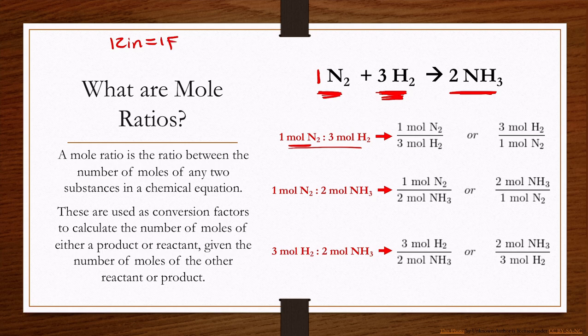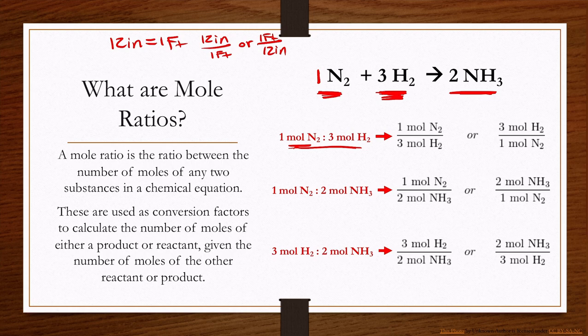And we could write that as a conversion factor with 12 inches over 1 foot, or 1 foot over 12 inches. All right, so remember those conversion factors we wrote before. Now we're going to take that same idea and use these ratios to write conversion factors that we are going to use as our mole ratios in our stoichiometric calculations.